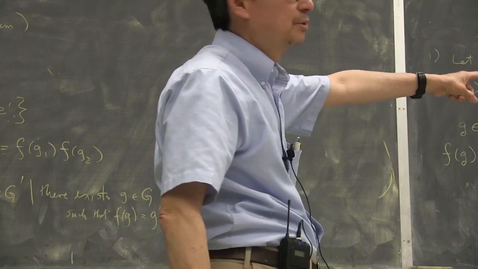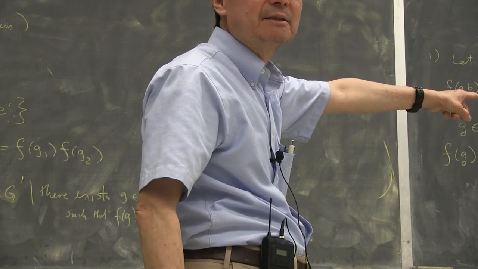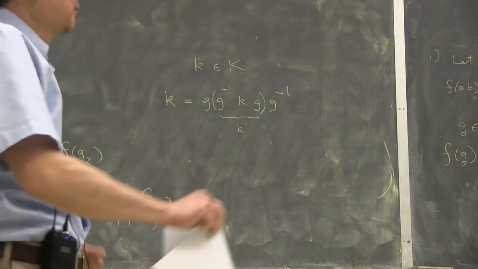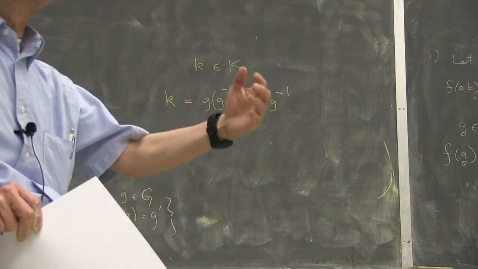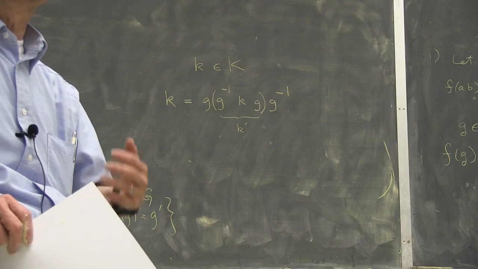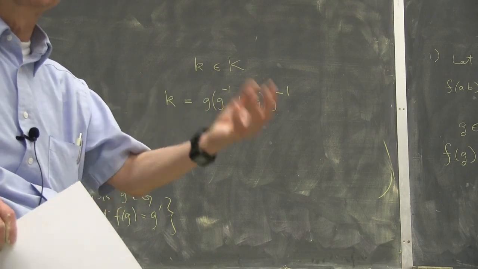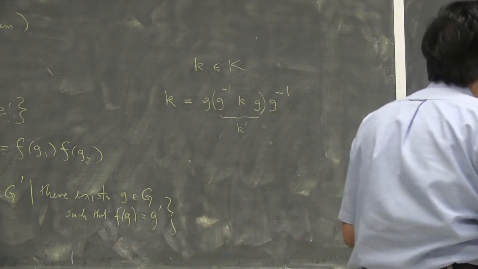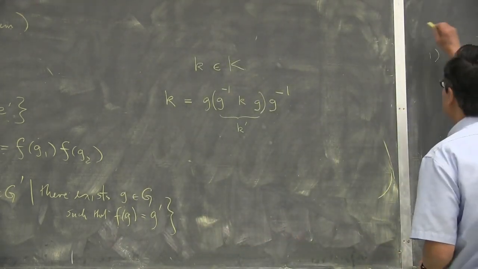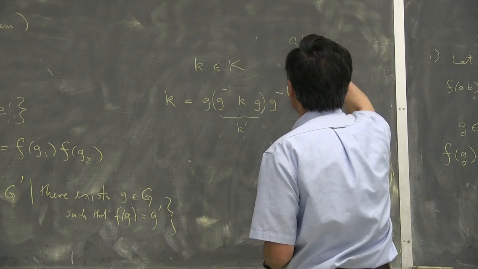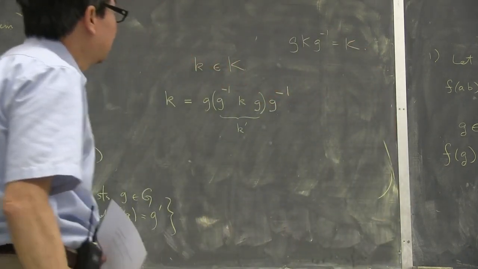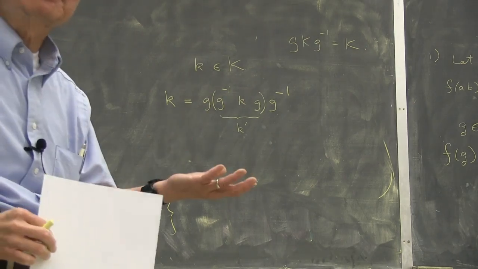In other words, I have proven the second subset relationship, so I have proven it both ways. If A is a subset of B and at the same time B is a subset of A, then by basic set theory, A must be equal to B. So in fact I have proved that g K g inverse and K, for some g, are the same sets.